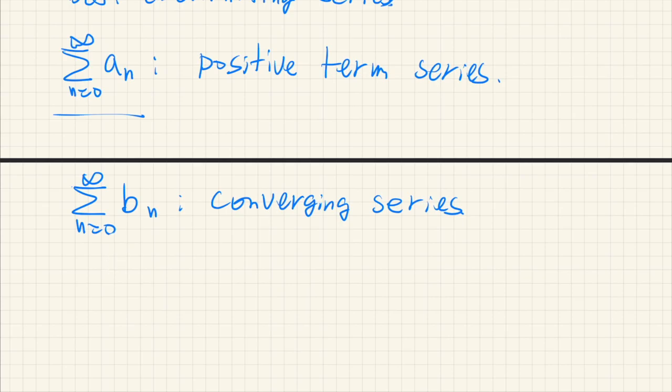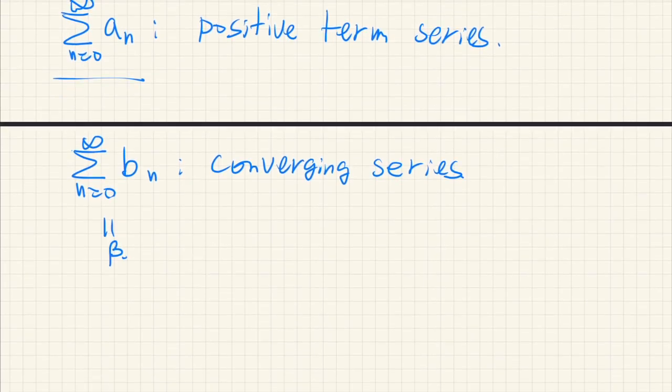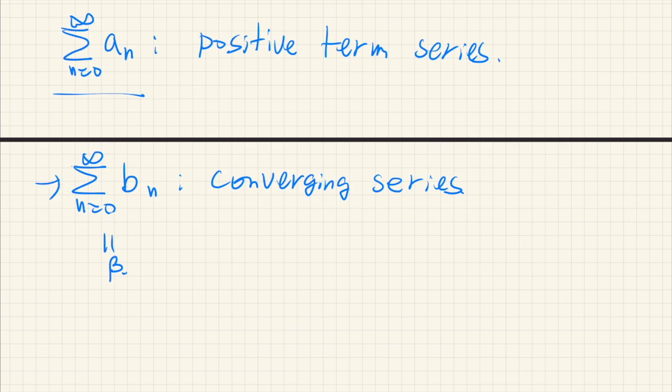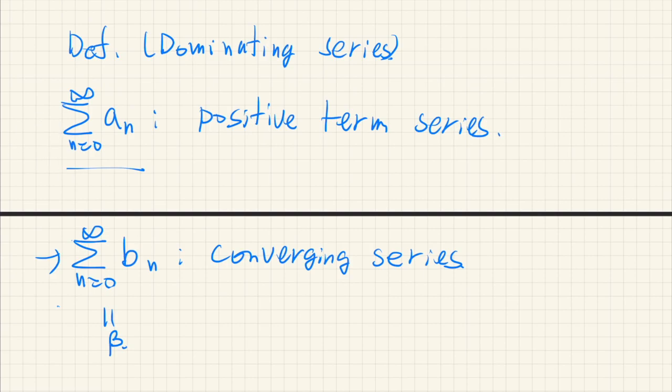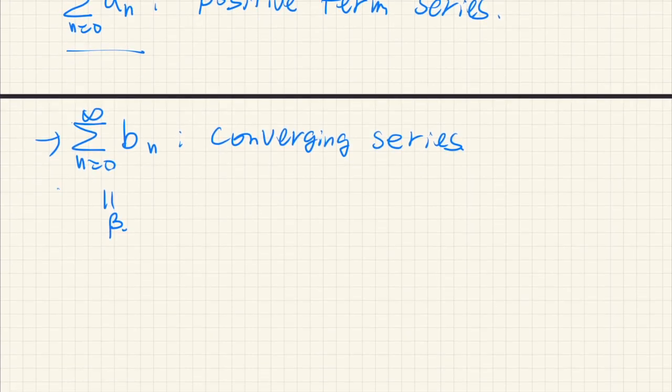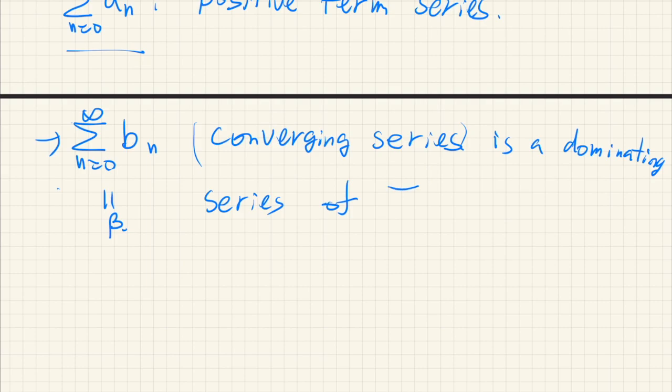Let's say the limit is beta. Then we say the second series is a dominating series of the first series a_n if the following holds.